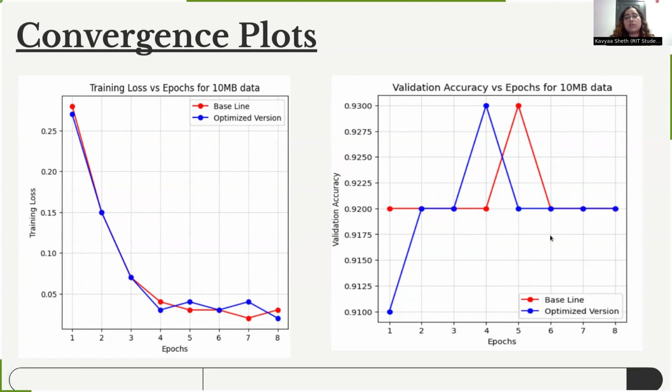And in the validation accuracy versus epoch curve, you can observe that convergence is achieved for the optimized model at epoch 5, while for the baseline model, it is achieved at epoch 6. So the goal of these plots was to showcase that the optimized version achieves convergence before the baseline model, and the graphs clearly indicate that that is the case with our model.